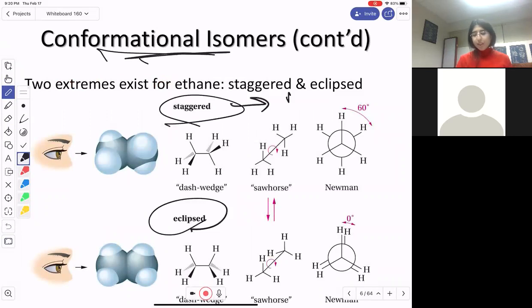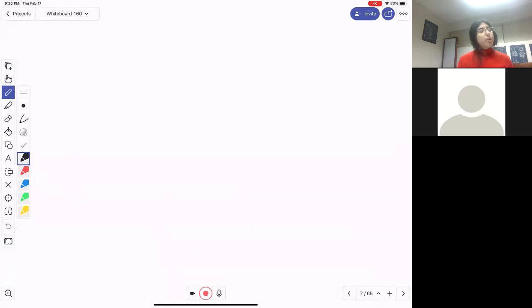This is the most stable, lowest energy. Is the following statement true or false? Two of the possible conformations of ethane are staggered and eclipsed. The high energy is the staggered. That is false, right? The low energy is staggered.